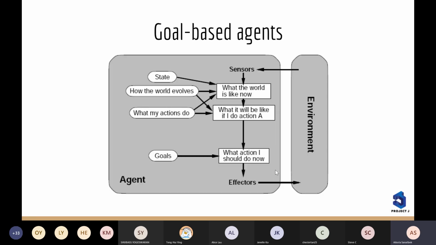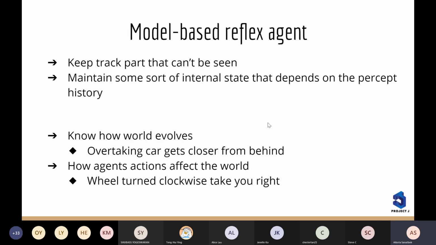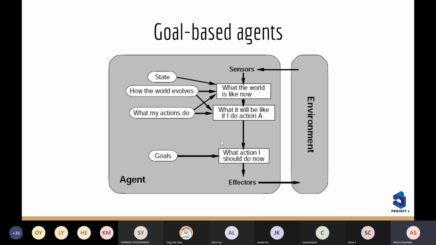So the next one, we're going to talk about the goal-based agent. A goal-based agent is quite similar to the model-based agent, but the one extra thing is it has goal information to guide its actions.